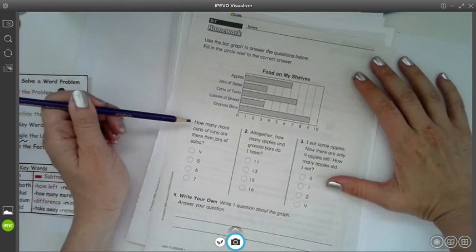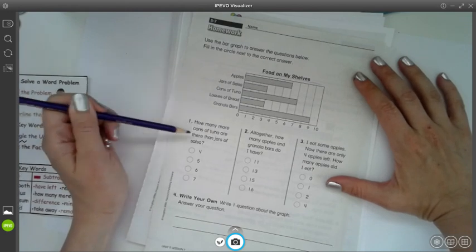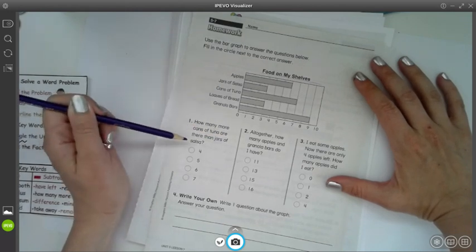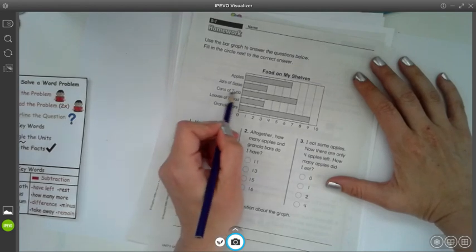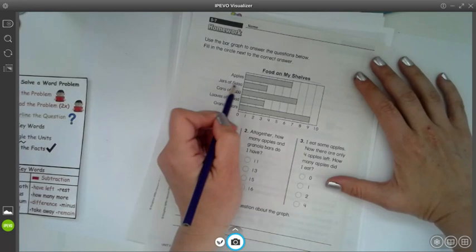So this one first says, how many more cans of tuna are there than jars of salsa? So I'm going to find my tuna, and I'm going to find my salsa.